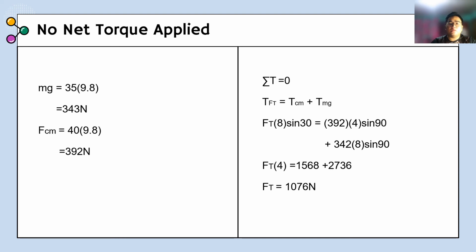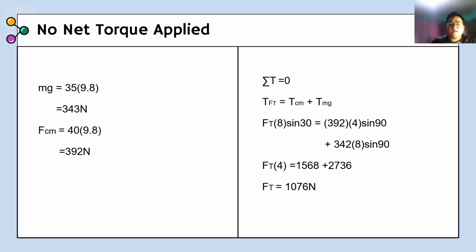From this, we use the formula F multiplied by radius and sin of the angle. So we substitute back into this derived formula. We get Ft multiplied by 8 sin 30 equal to 392 multiplied by 4 sin 90 plus 343 multiplied by 8 multiplied by sin 90.